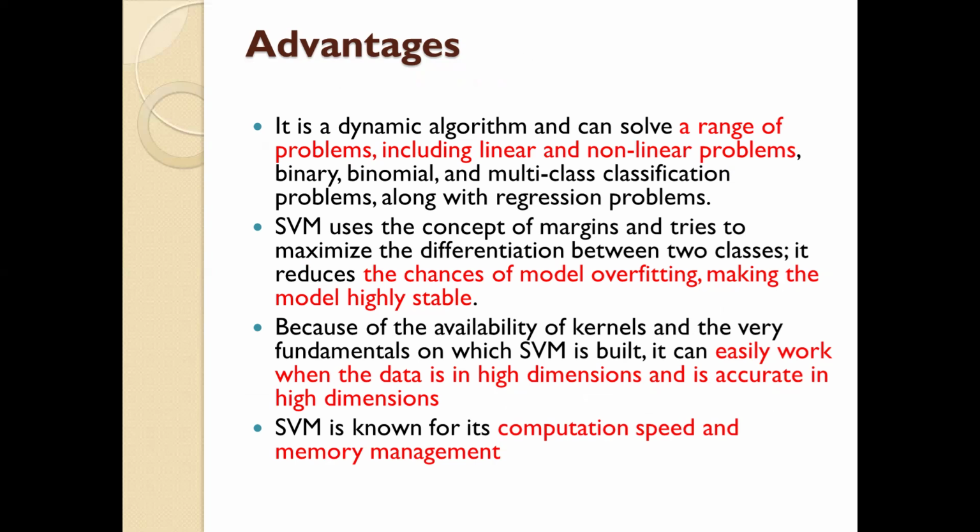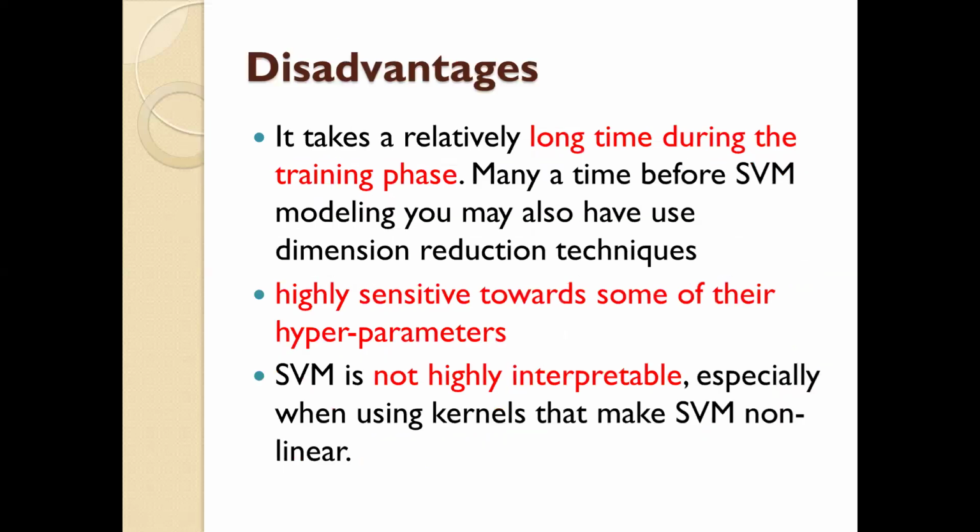It reduces the overfitting problems, so it is more stable compared to other machine learning models, and it can work easily with other models as well as operate on high dimensional data easily. Its computational speed is also higher compared to other algorithms.